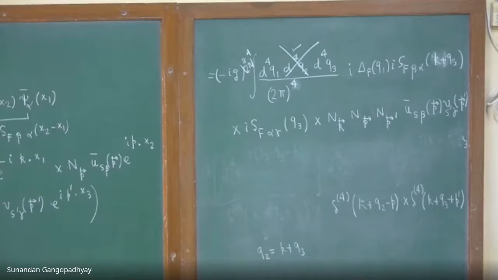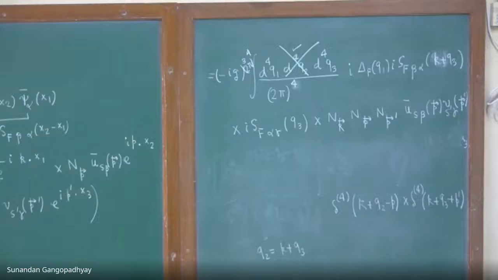Did we have that term? K plus Q3. So Q2 is K plus Q3. So this one is correct. The other one, Q1 plus Q2 minus P. Okay, so this one is wrong. And P prime plus.